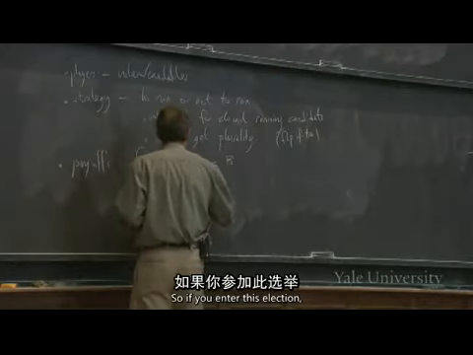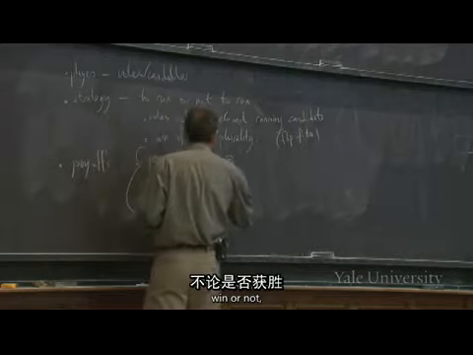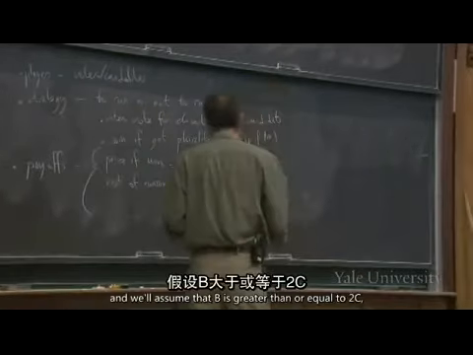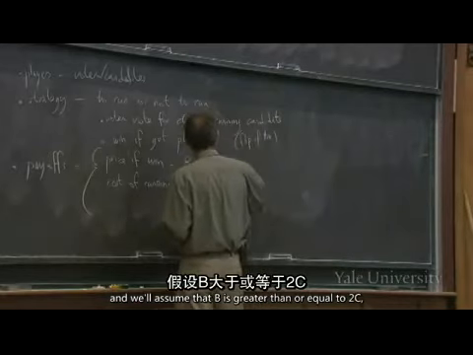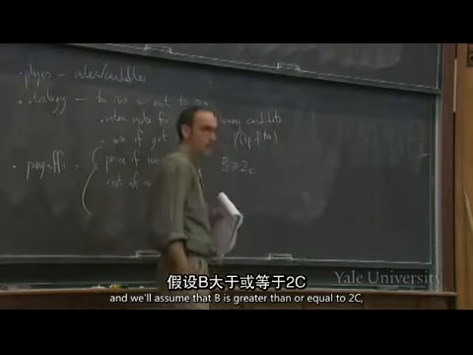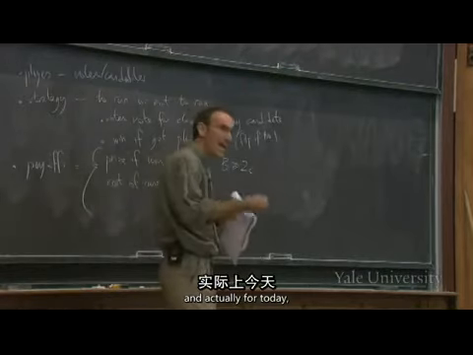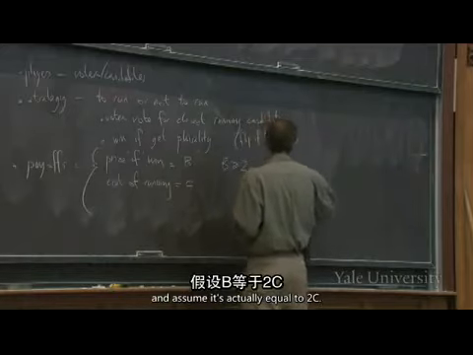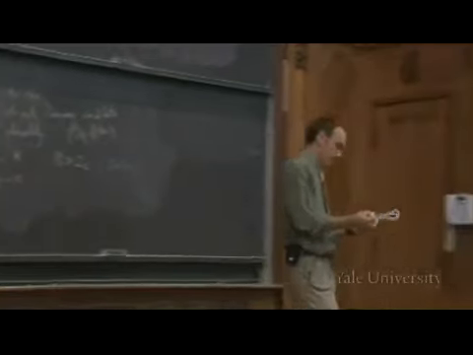So if you enter this election, win or not, you incur a cost of C. And we'll assume that B is greater than or equal to 2C. And actually for today, let's just keep things simple and assume it's actually equal to 2C.